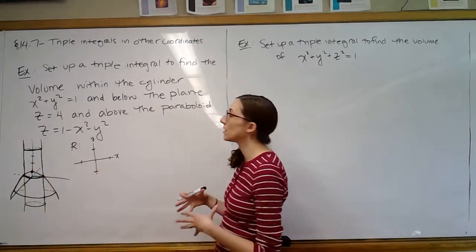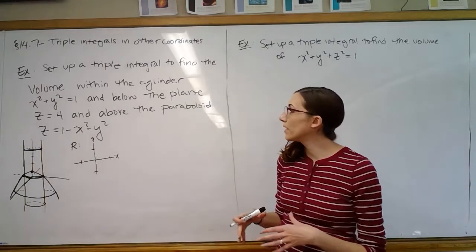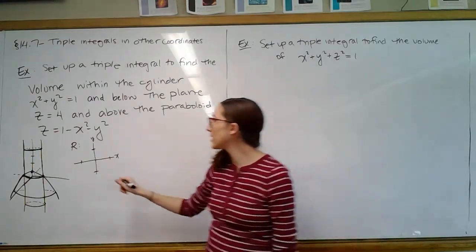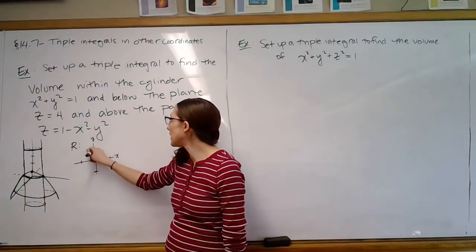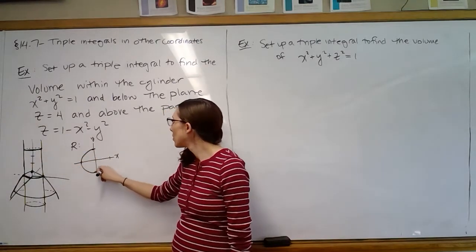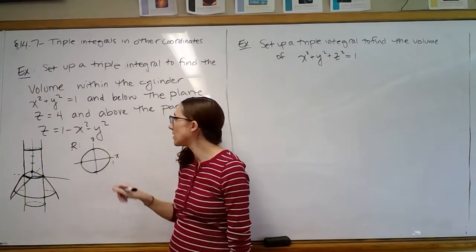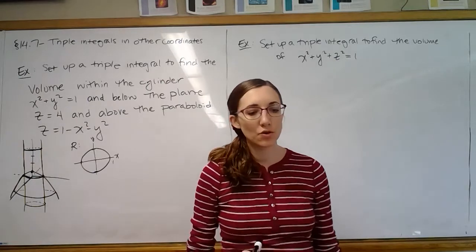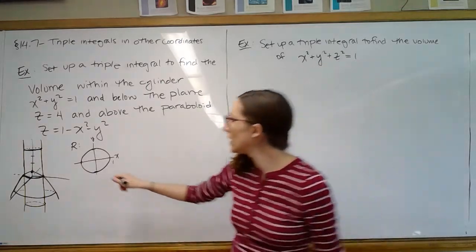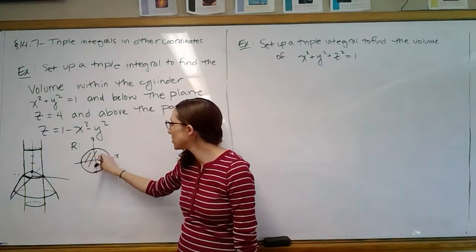It does intersect the cylinder at that point, and it also intersects the xy plane at that point. So we just have a nice circular region with a radius of 1, so a nice unit circle for R, and we would be inside of that region.